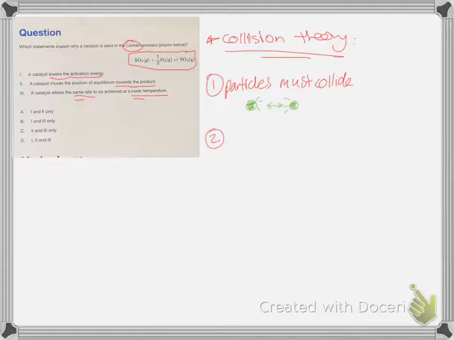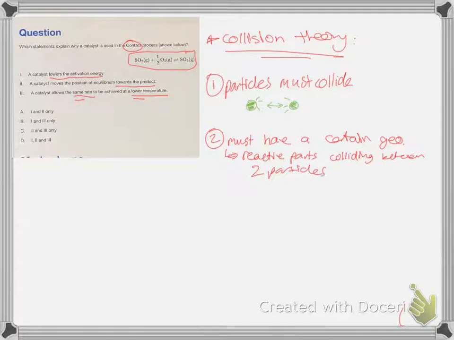So the second rule is that they must have a certain geometry, and this will give us reactive parts colliding between two particles. We're just assuming two for now, just to keep the rules simple to understand.